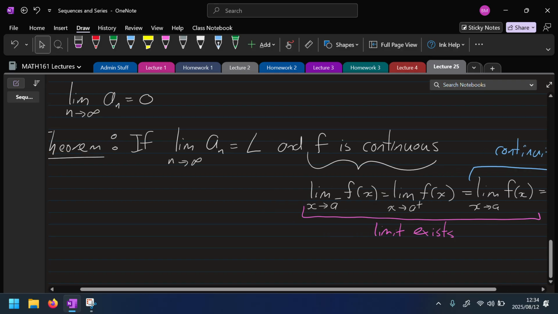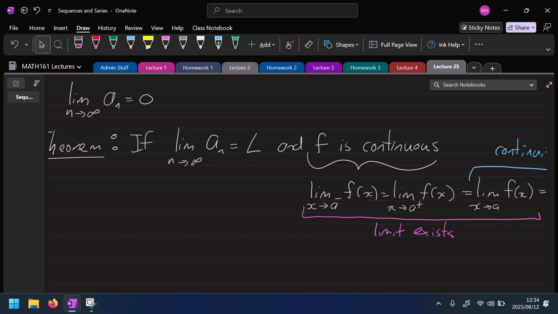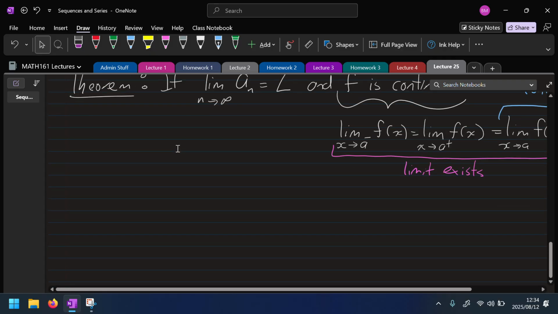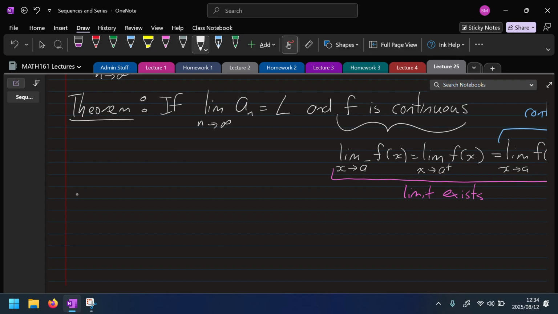Okay, so we've got the limit of the sequence exists, so it's convergent. And we know that f is continuous, which means we know that the limit can jump inside the function. So the limit as x goes to a is just f of a. Okay, so with that, let's have a look at the proof.